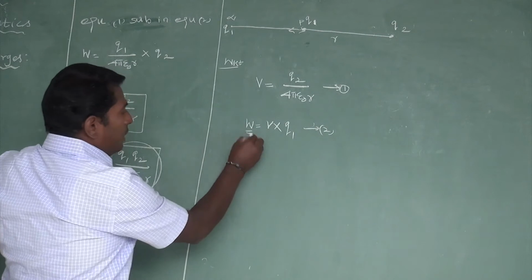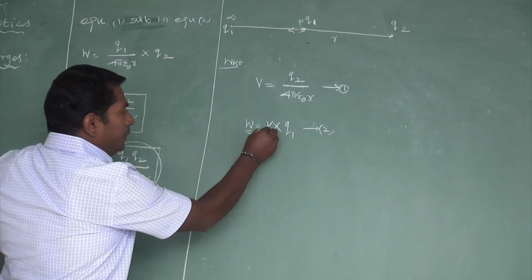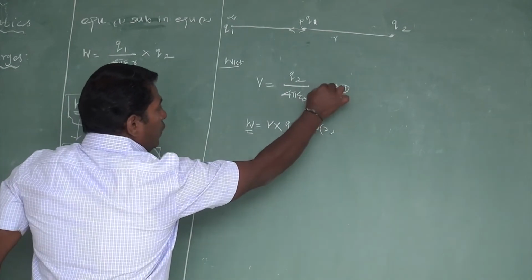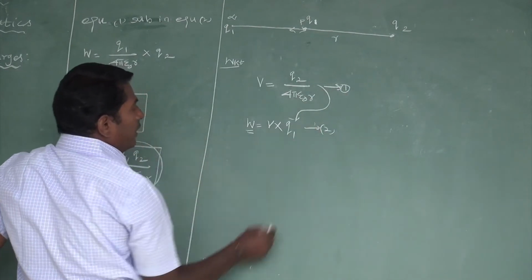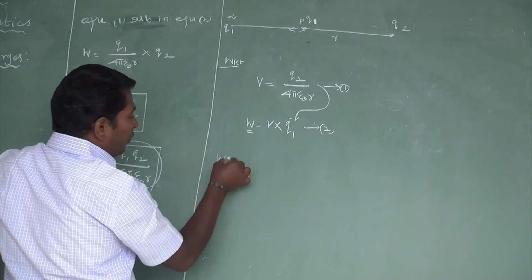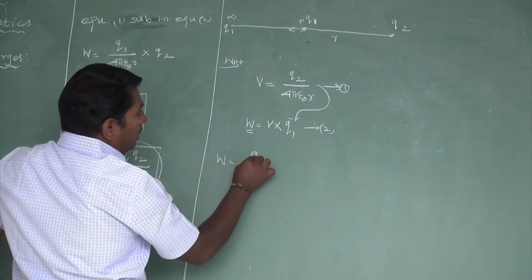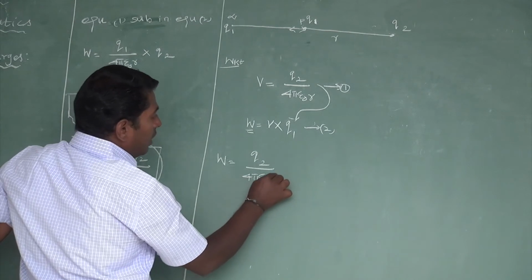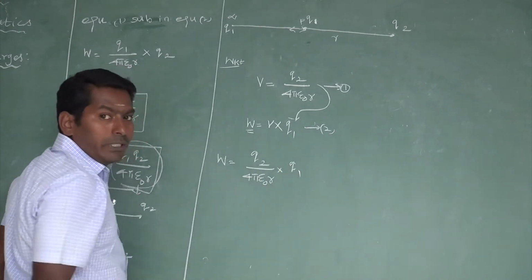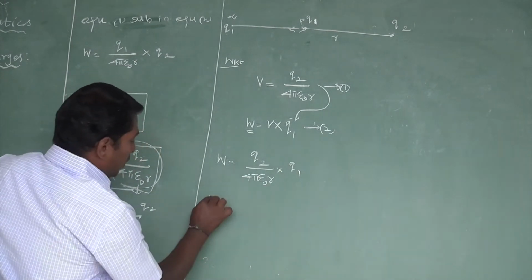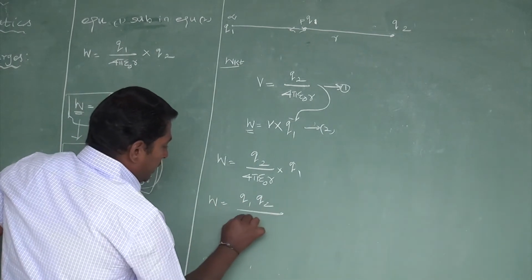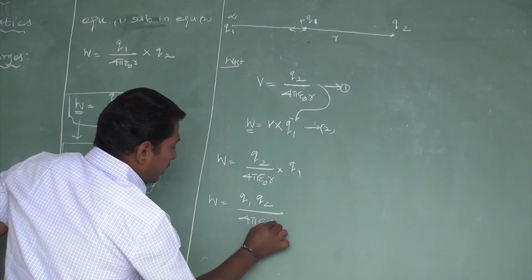That work done W is equal to V into the moving charge, now Q1. So substituting equation 1 in equation 2, the total work done W is equal to Q2 divided by 4 pi epsilon naught r into the moving charge Q1, so the total work done is Q1 Q2 divided by 4 pi epsilon naught r.